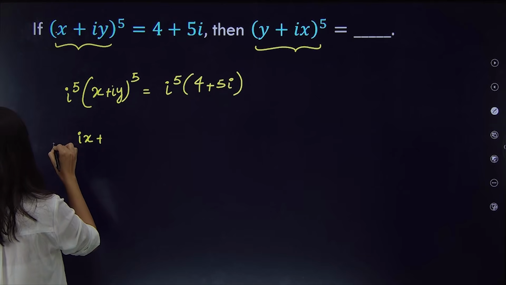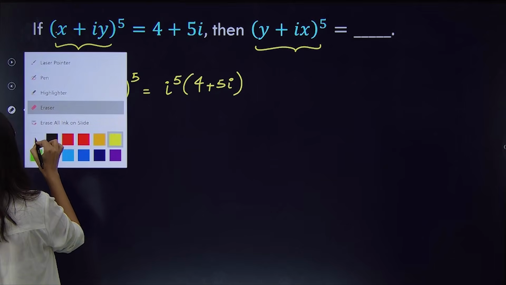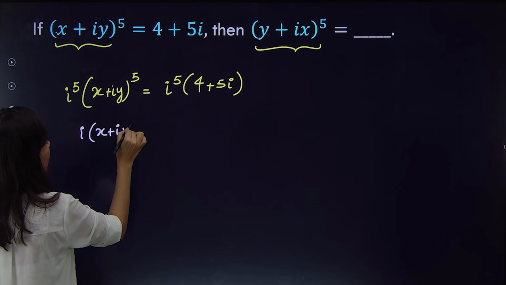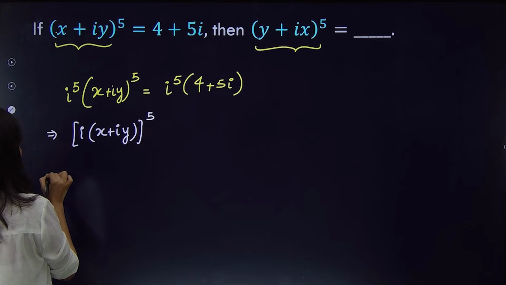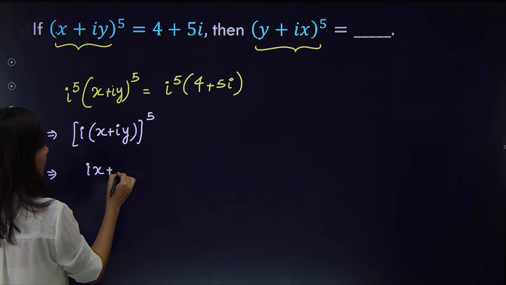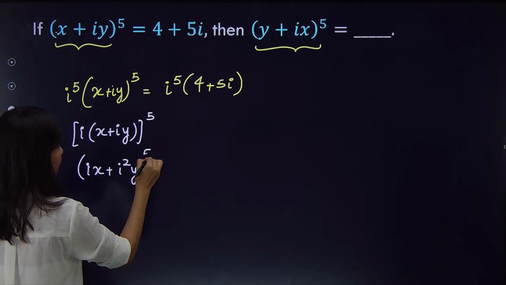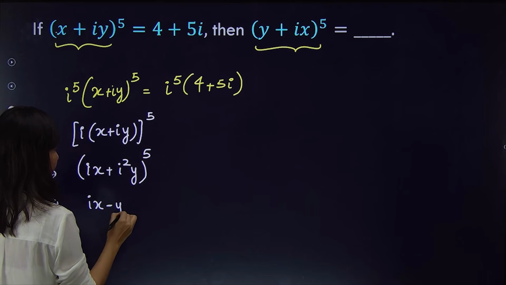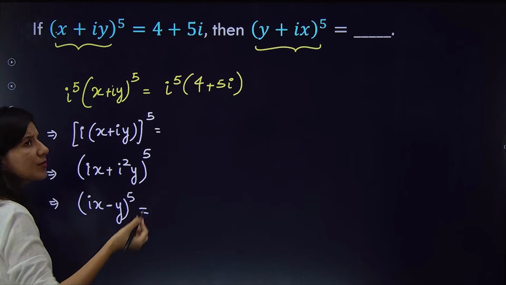So basically what I'm trying to say is, hold on. This is actually (ix + iy)^5, that is (ix + i²y)^5, which is (ix − y)^5. This is equal to, now on the right hand side, i^5 is what?